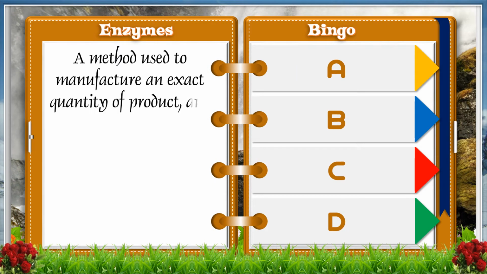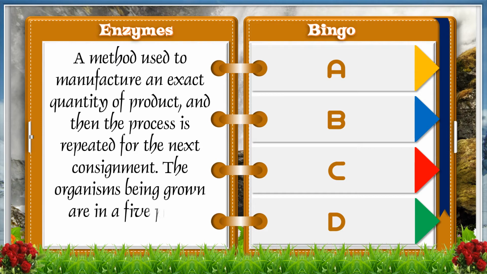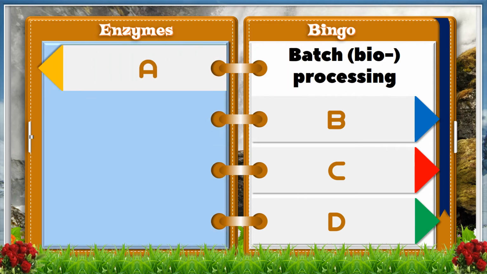A method used to manufacture an exact quantity of product, and then the process is repeated for the next consignment. The organism being grown are in a 5-phase growth curve. A. Batch bioprocessing.